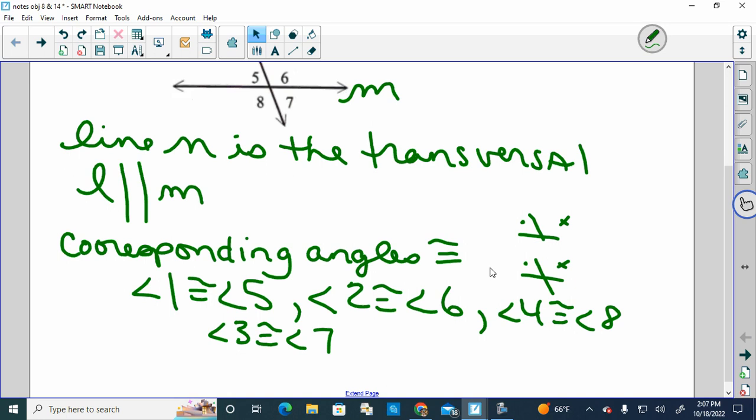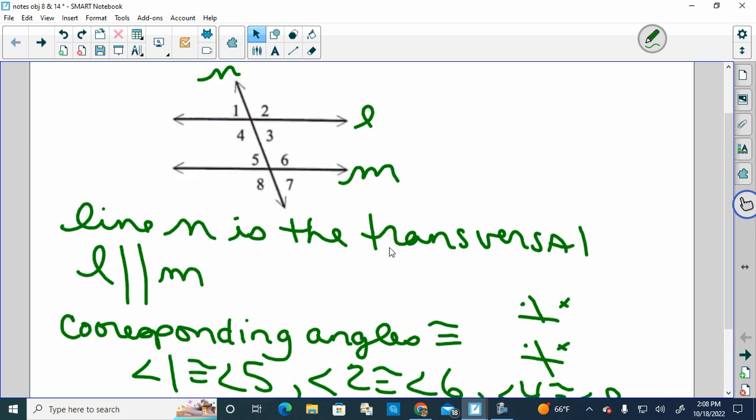Now the rest of these have to do with the location it is with the transversal and the parallel lines. So we have alternate, which has to do with being on opposite sides of the transversal, or we have same side. And then we have interior and exterior. Interior and exterior has to do with the parallel lines. So these would be interior, right? And then this up here and this down here would be the exterior.